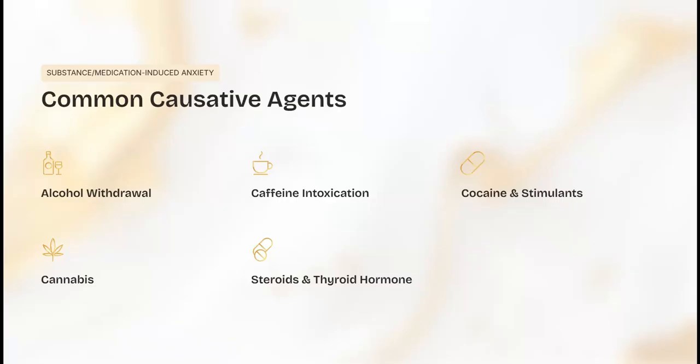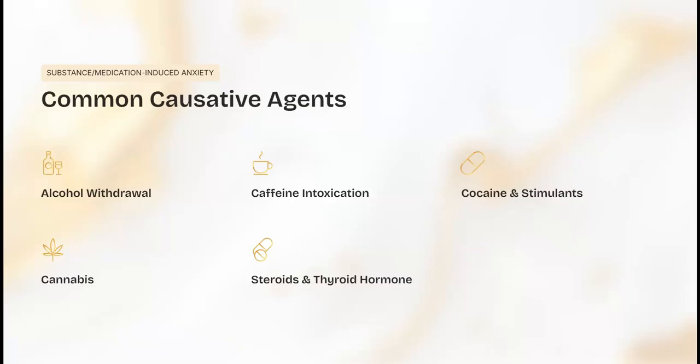Substance-induced anxiety is a common clinical presentation that psych NPs need to be aware of. There's a wide range of recreational and prescribed substances that cause significant anxiety symptoms. And it's important to maintain a broad differential when evaluating new onset anxiety.